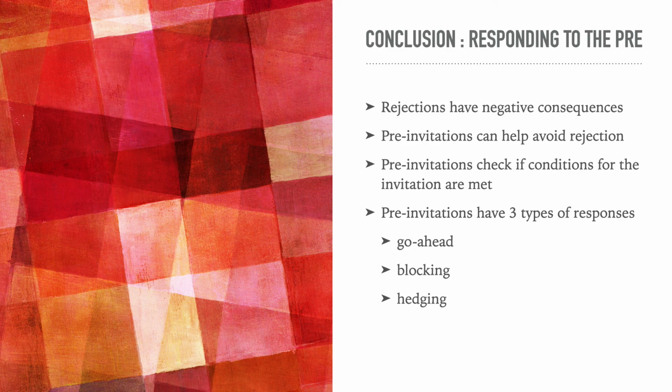And these three types of responses help us give information about those conditions. We have go-ahead responses, blocking responses, and hedging responses. So in this lecture, you have learned how to use pre-invitations and how to use the three types of responses.